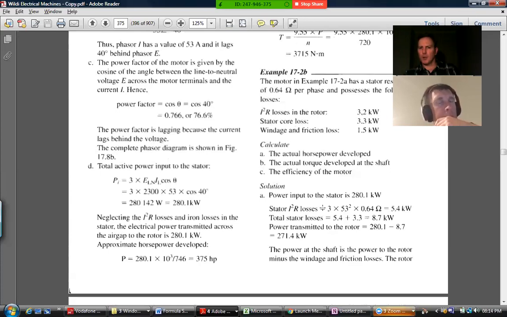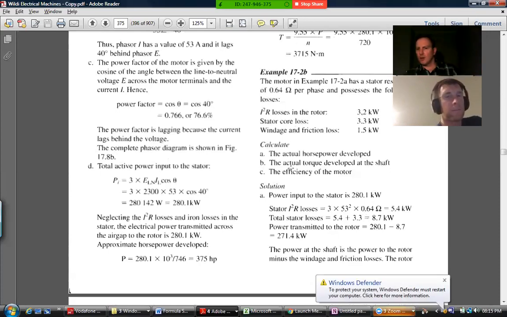So have a look through that one as well. It just shows how we can take the numbers that the phasor diagram is showing us. It's showing us amounts that are input to the stator on the diagram that we just looked at. But then you're going to start to lose a little bit because of these various things.